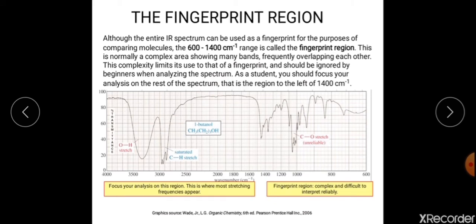This is the functional group region where the different functional groups absorb. And this is the fingerprint region, which is complex, and more advanced chemists generally use this region to identify different molecules. Structure elucidation can be done on the basis of this.